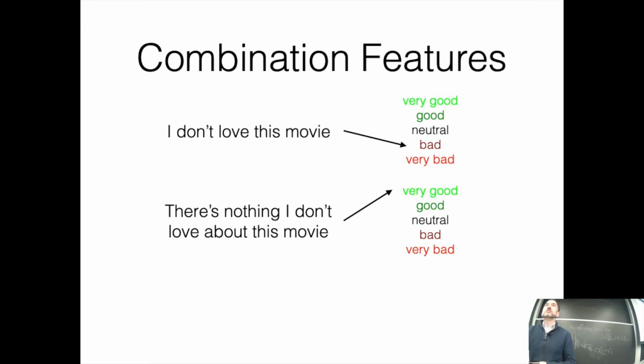It's actually the combination of the two that is really important. So, just to give an example, don't love is maybe bad, but I don't love is very good. And in order to solve this problem, we turn to neural networks.